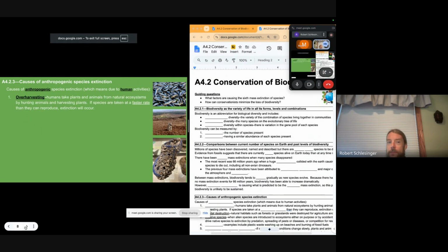Over harvesting. So I think when we think harvest, we think agriculture, right? But that's also fish, that's hunting, that's logging. It's any time you're taking a natural resource at a faster rate than the earth can replenish itself, that's going to fall into this broad category of over harvesting.